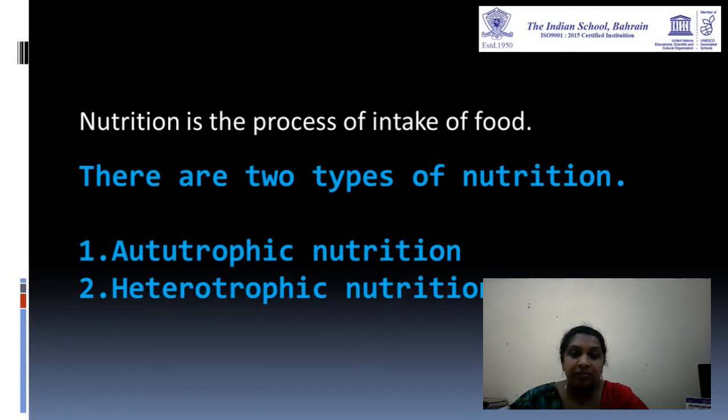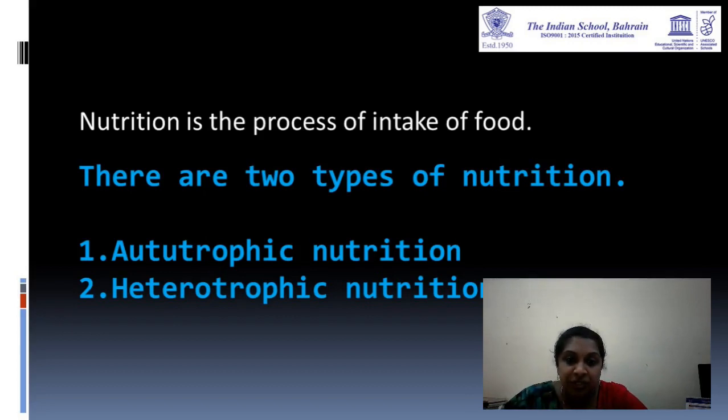There are two types of nutrition. The first one is autotrophic nutrition and the second one is heterotrophic nutrition. I'm sure you all are aware of these two terms. Heterotrophic nutrition mainly takes place in animals and human beings. What is autotrophic nutrition? The term auto in autotrophic nutrition means self.